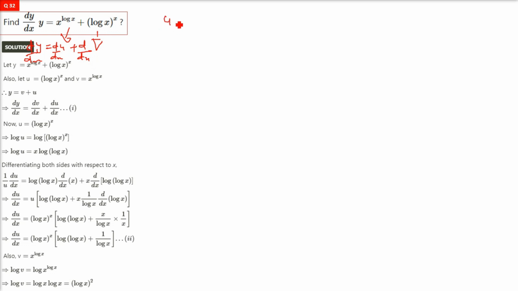U is x to the power log x. So log u will be, log x will come in front, log x into log x, and that is log x whole square. So rather than doing by the product rule, it is better always to use it like log x whole square.